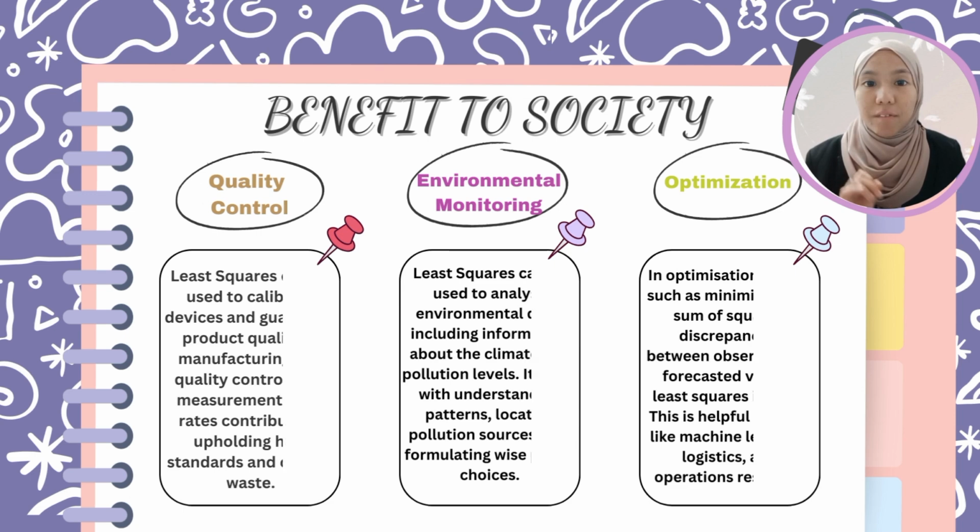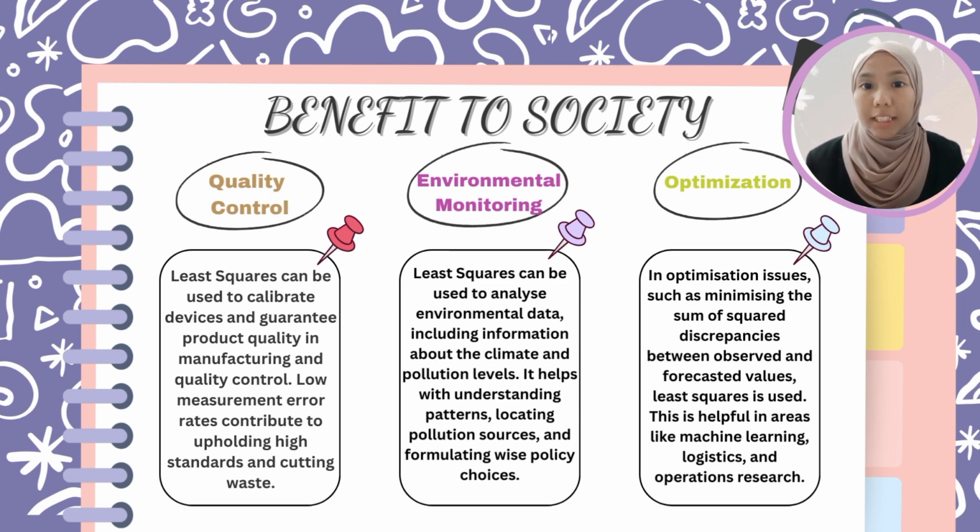There are 3 benefits of the discrete least square method to society. First, quality control, which can be used to calibrate devices and guarantee product quality in manufacturing. Low measurement error rates contribute to upholding tight standards and cutting waste. Second, environmental monitoring, which can be used to analyze environmental data, including information about the climate and pollution levels.